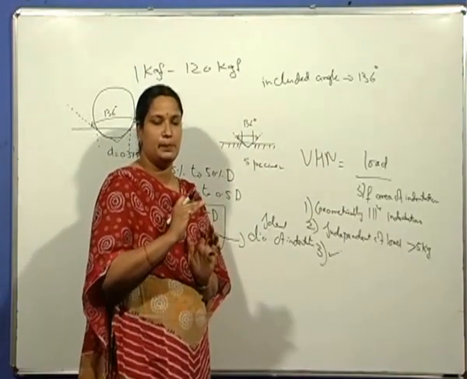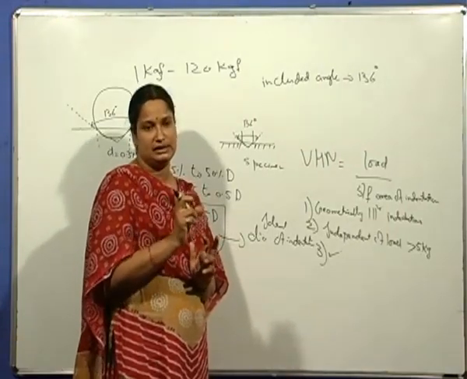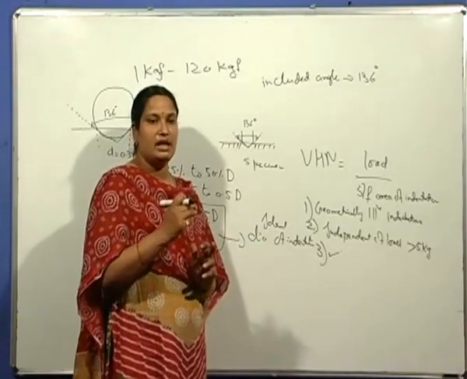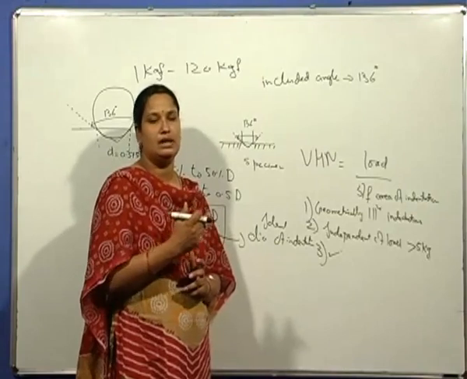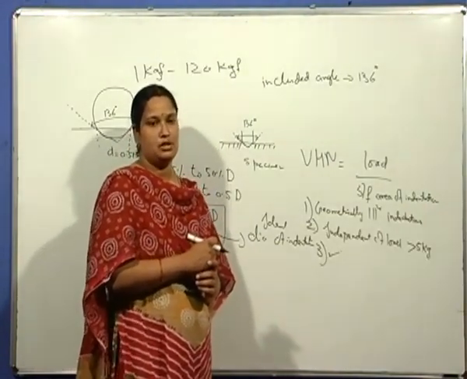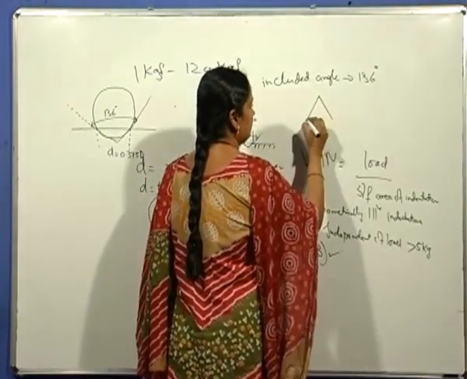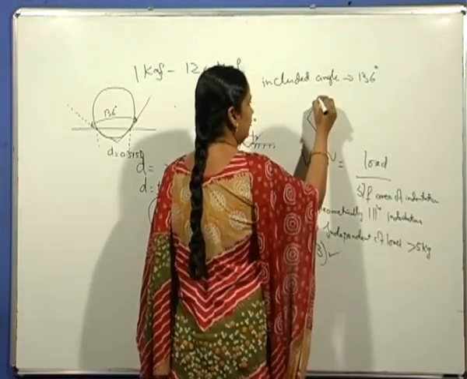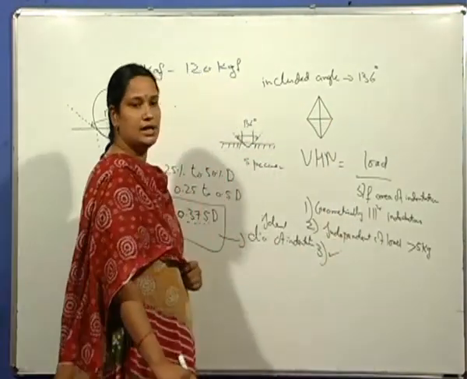One needs to carefully prepare the specimen, and measuring the diagonal length is also very important. If there is any error in measuring the length of the diagonal, it will lead to incorrect hardness values. So the shape of the indentation is the square base diamond pyramid. So this is the shape of the indentation that is produced in the case of Vickers.